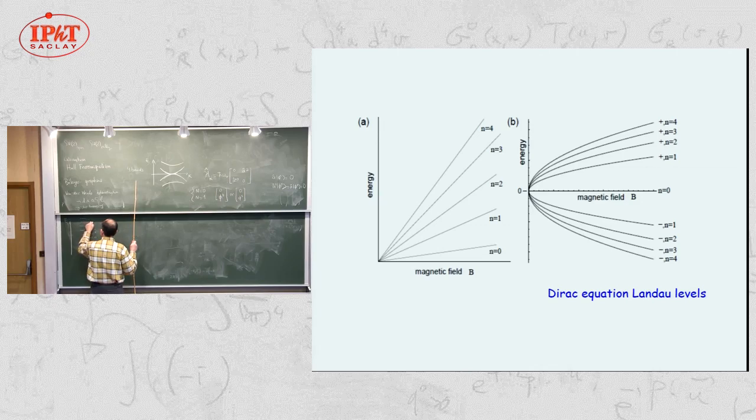So as a function of the filling factor, we will alternate between levels of character n equals 0 and n equals 1.